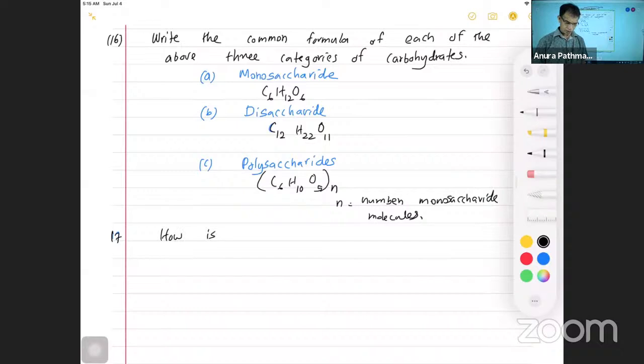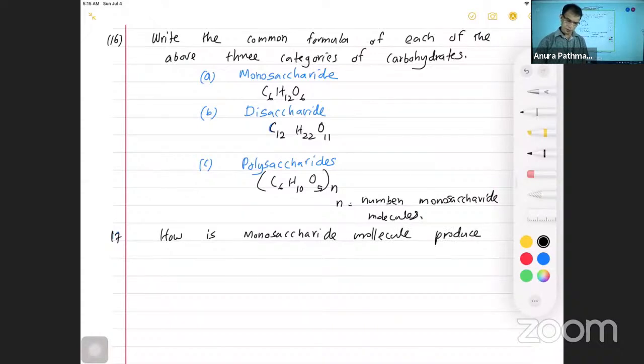How is a monosaccharide molecule produced?